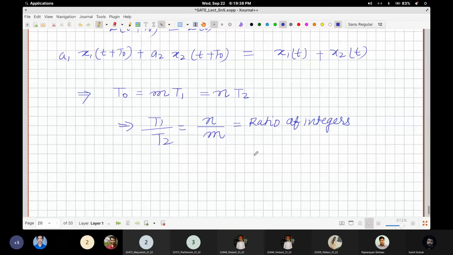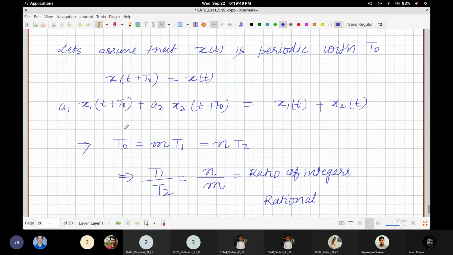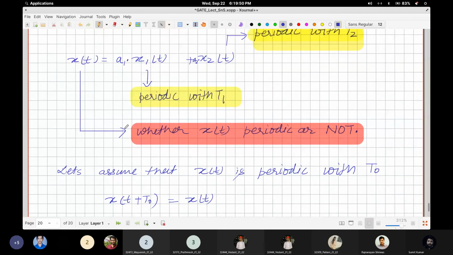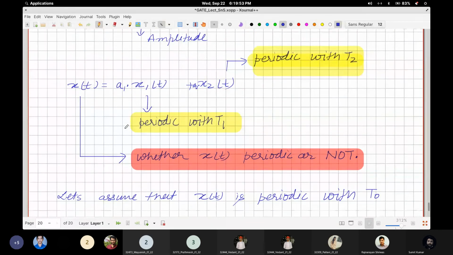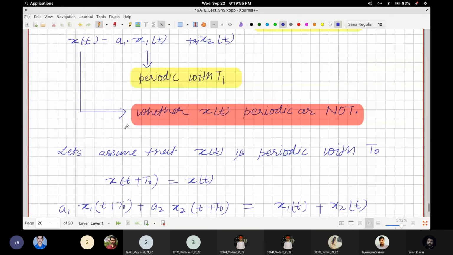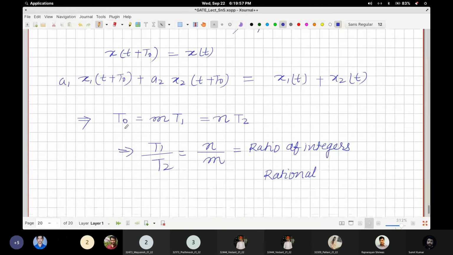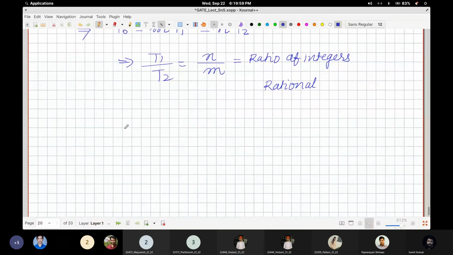And what do we call a ratio of integers? Rational. Right? So T1 and T2 must be rational, and this same concept can be extended to n number of periodic signals. We have taken an example of 2, but it can be extended to n periodic signals.